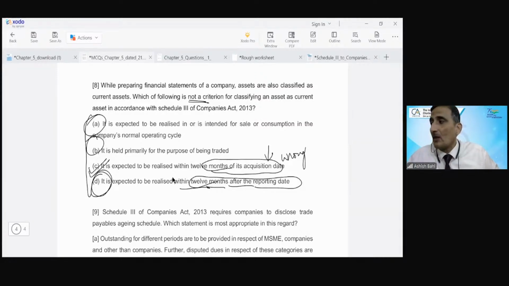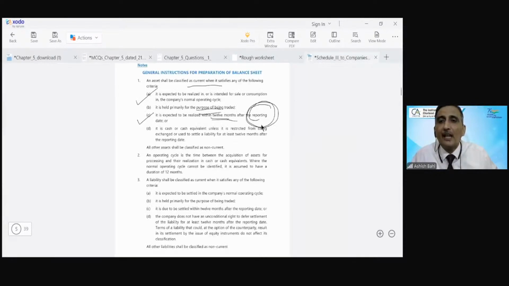Yes, Tejaswin, you have understood. C is not the criteria. D is criteria. Yes, Neeru Ben, you are right. C is not the criteria. D is the criteria. Read Schedule 3. Here the word is reporting date, not acquisition date.